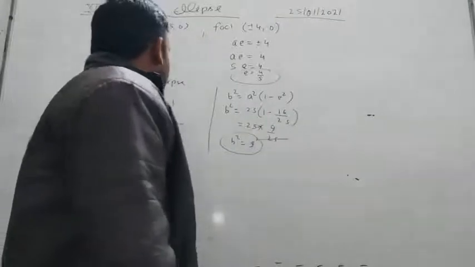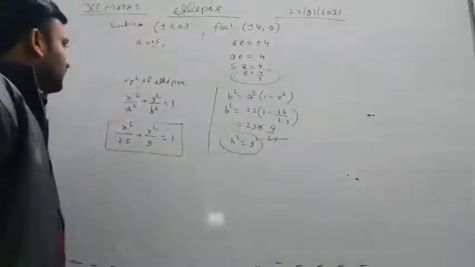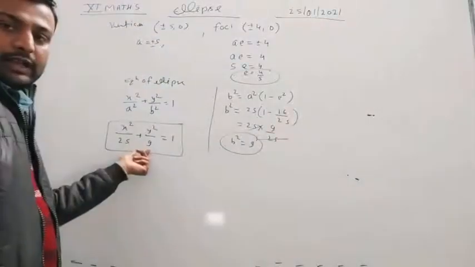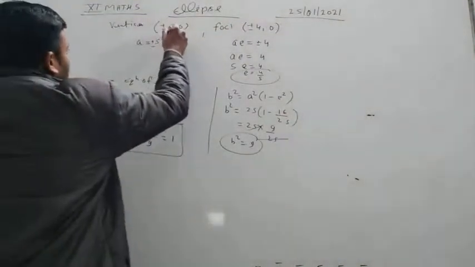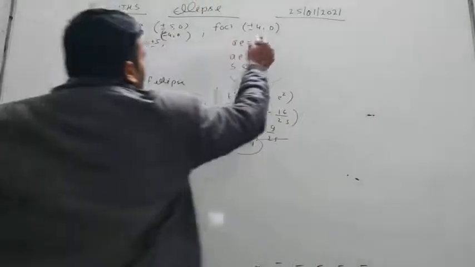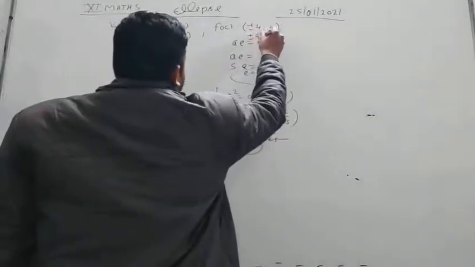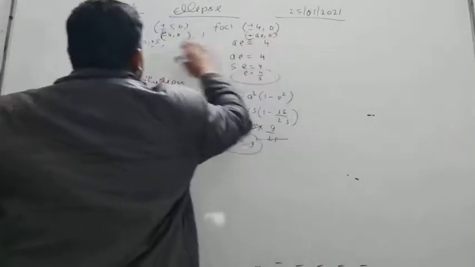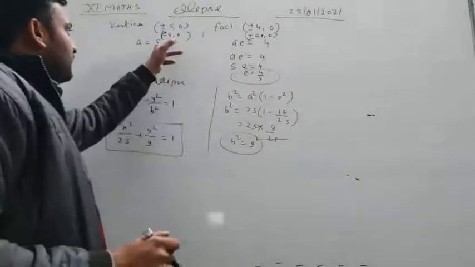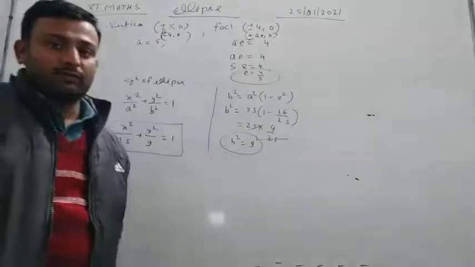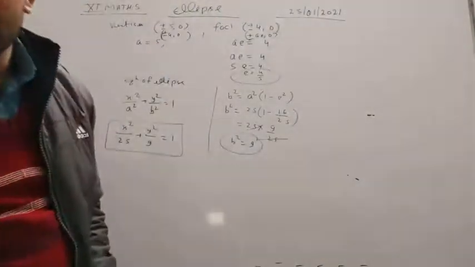So b square is 9 and a square is given. So we will get our standard equation. This will be positive, okay. When we compare this, we get a is 5 and ae is 4. Then we find out. Okay, students, I hope you understand.